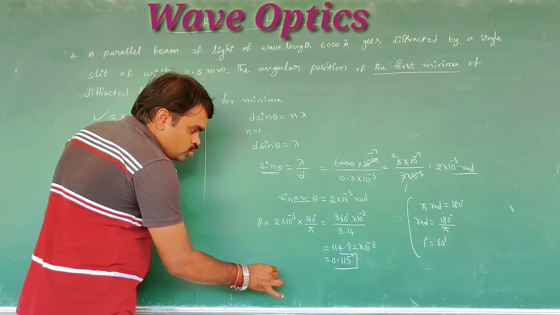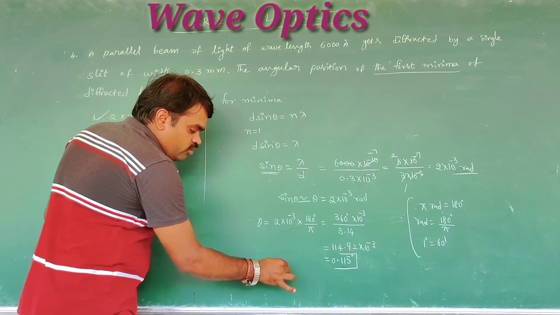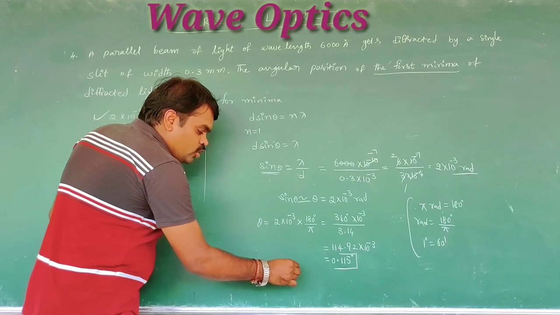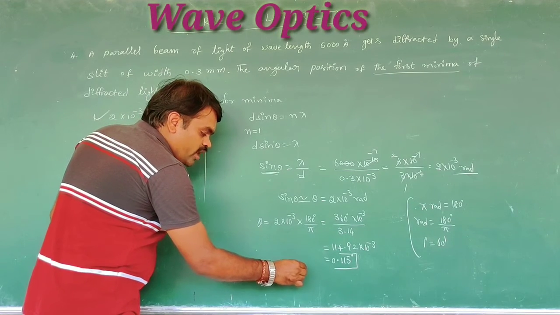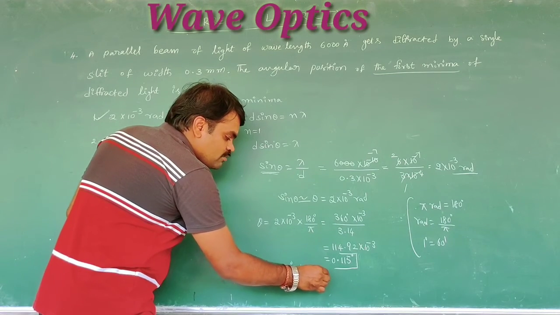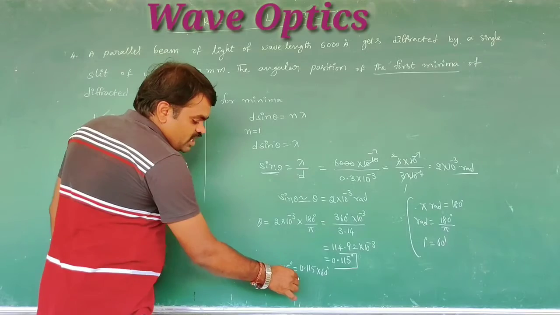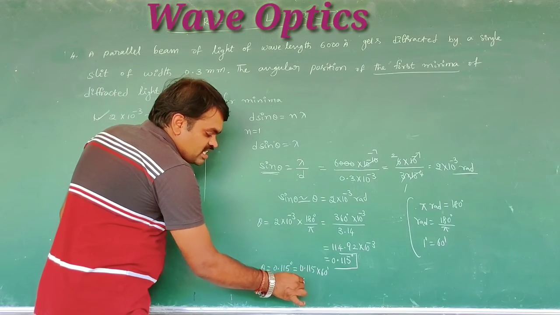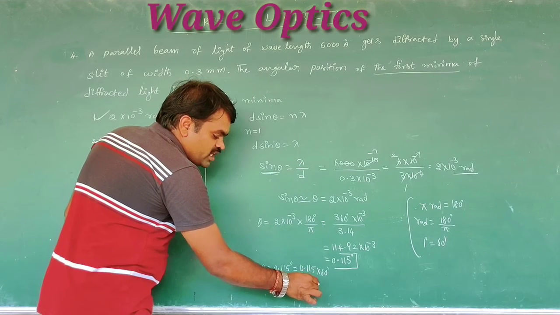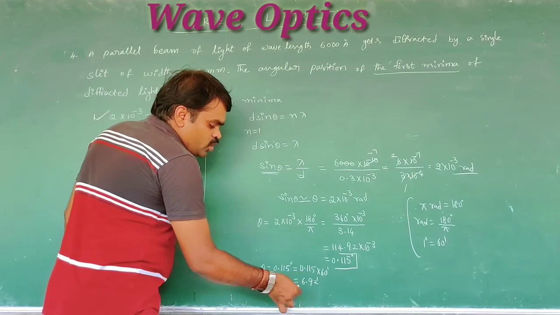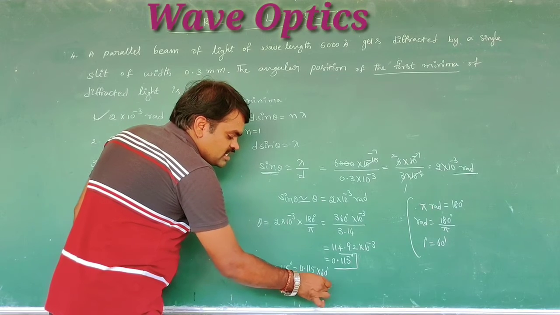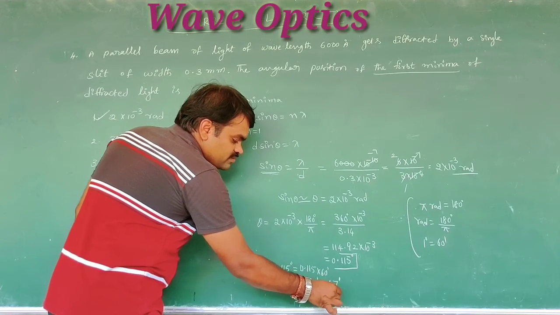Theta is equal to 0.115 degree, converted to minutes: 0.115 into 60 minutes. Then multiplying, we will get 6.9 minutes, which is approximately 7 minutes.